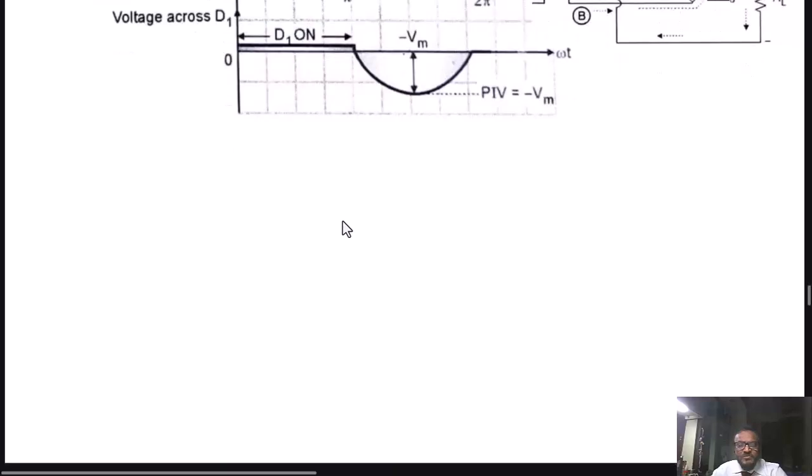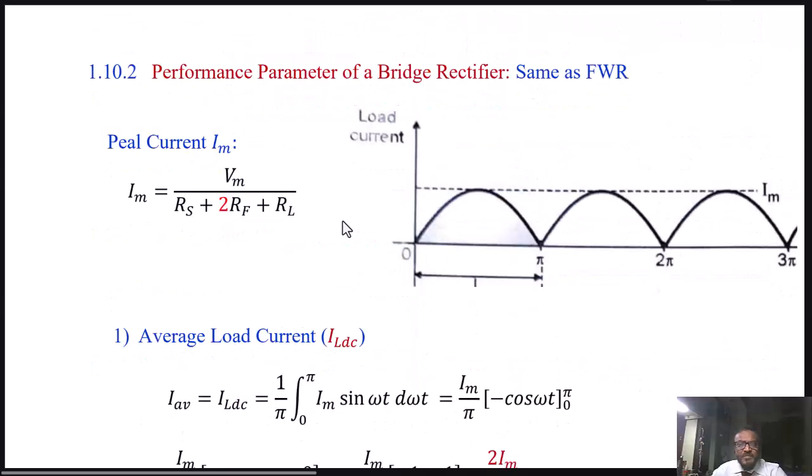Let us now find out the various performance parameters, and let us compare this rectifier with the previous configuration we have studied. Here in the figure, I have repeated the waveform of the load current for the sake of simplicity.